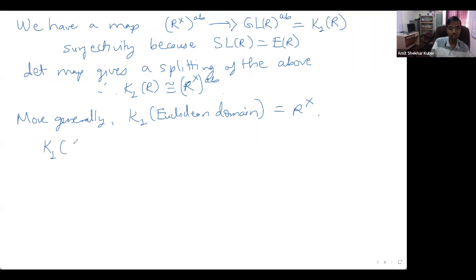However, for K1 of a Dedekind domain, what can we say? I'm not going to give you any general result over here, but for K1 of a Dedekind domain, you can't really repeat the same process.